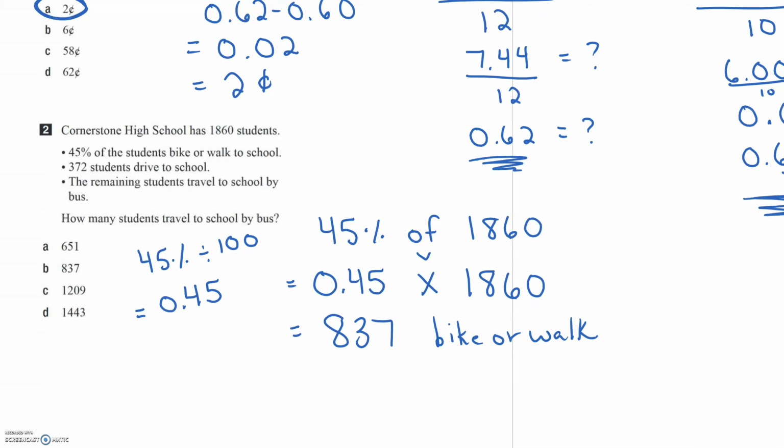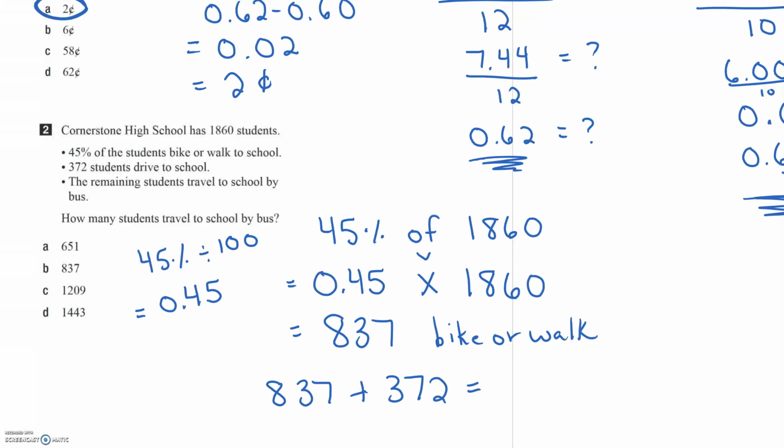Okay, out of the 1860, 837 of these guys bike or walk. Then there's an extra 372 students who drive to school. And they're talking about the remaining students. So in order to find the remaining students, you have to add up 837, the number we found, plus the number that they give you, 372.